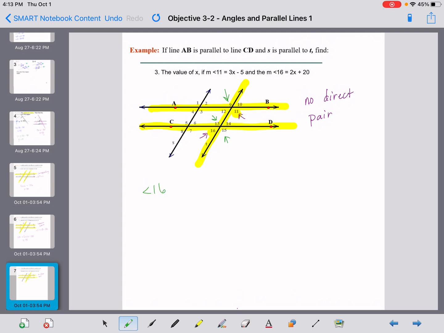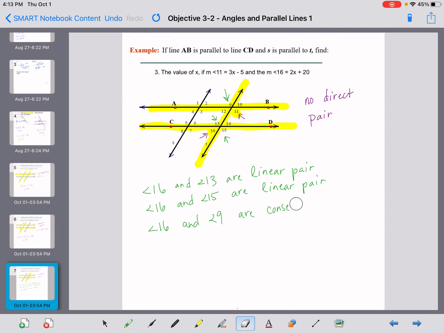Angle 16 and angle 13 are a linear pair. Angle 16 and angle 15 are a linear pair. Angle 16 and angle 9 are consecutive.